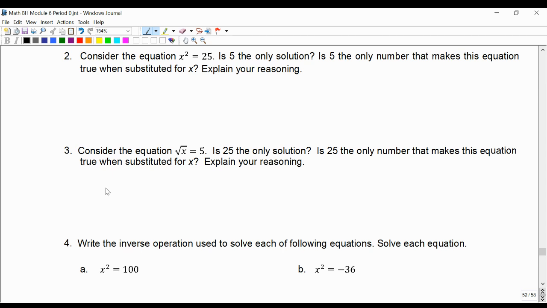So hopefully you thought about this. And 5, let's just check, does 5 actually work within this equation? Our first equation is x squared equals 25.